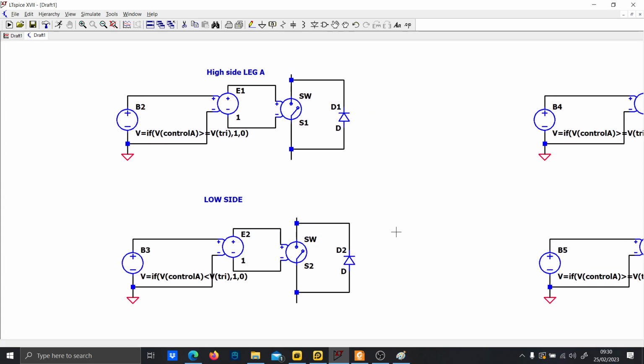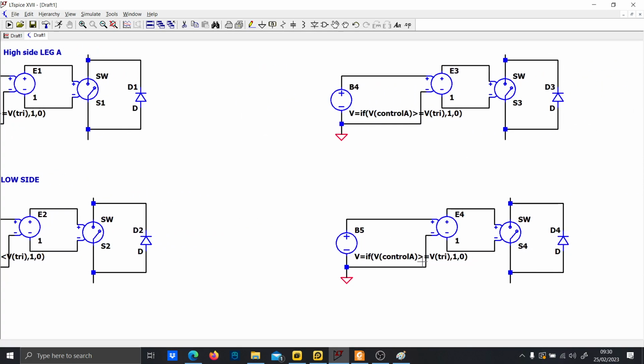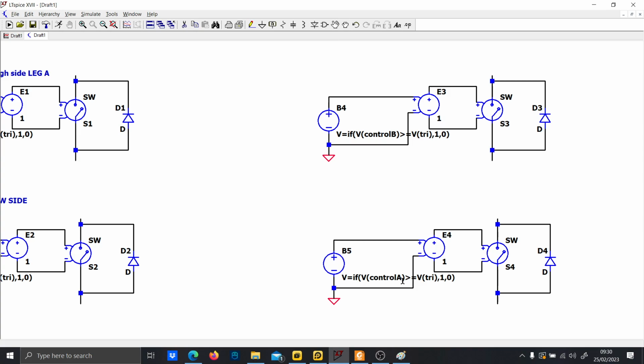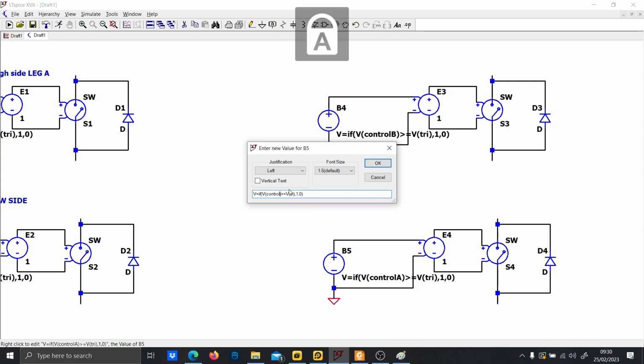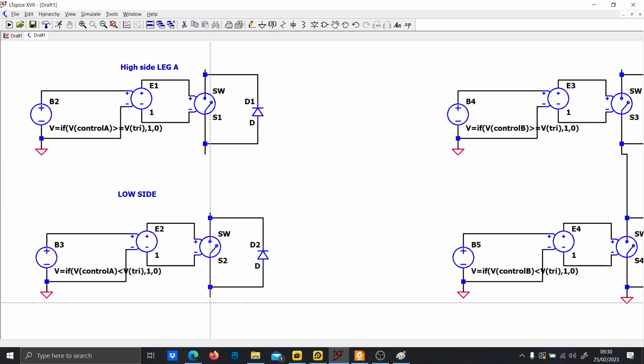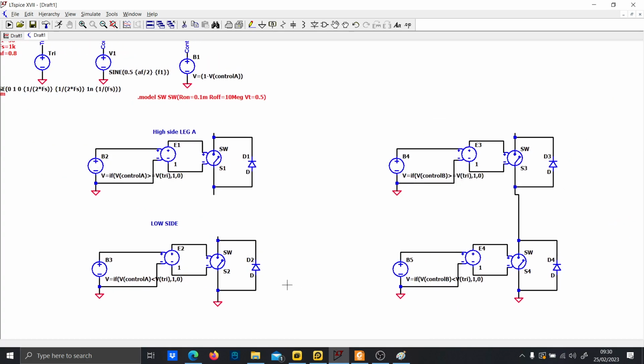This is a half bridge configuration, and the same here: you have the control B greater than the triangular waveform, and the control B less than the triangular waveform. Do not copy and paste without thinking about what we are doing, otherwise nothing will work. And this can be grounded, because these two are the low side.